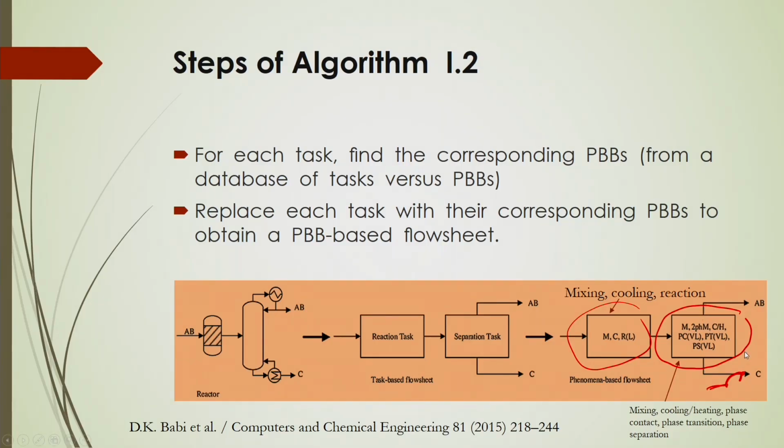So, this is actually the task to be converted to that flow sheet. So, for each task you have to find the corresponding phenomena based building blocks, whether it is mixing, cooling or reaction. After that you have to replace each task with their corresponding phenomena based building blocks to obtain the phenomena based building block based flow sheet.